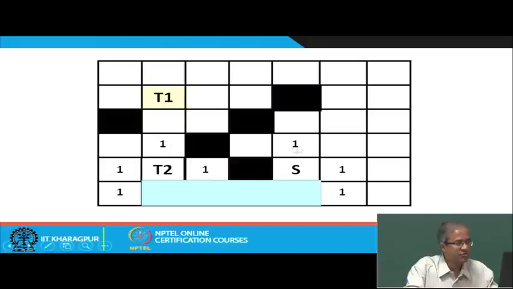So, it is starting this wavefront emanation from all grid points along the path, not only a single point S like earlier. In this way it continues, it will be 2 like this again. So, you get this connection.